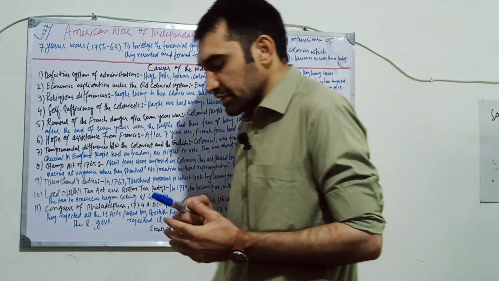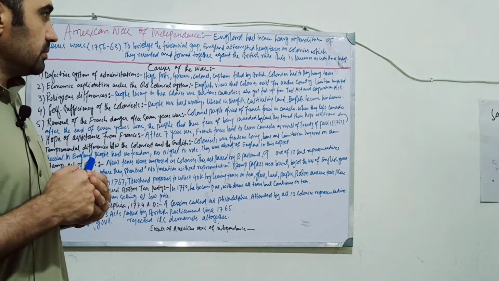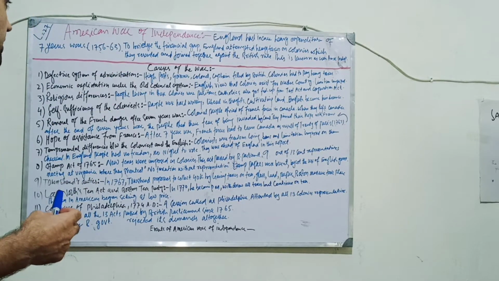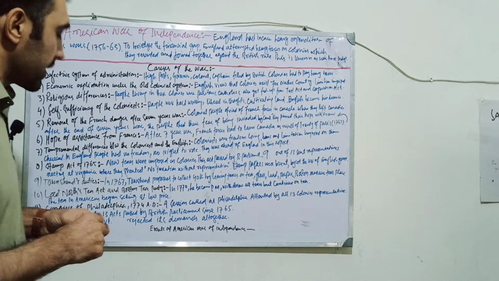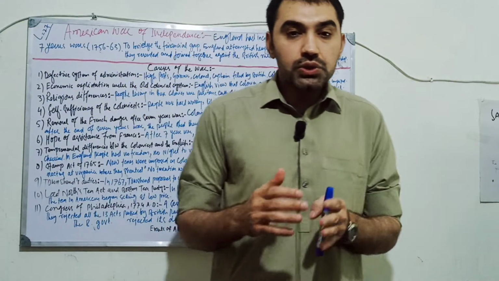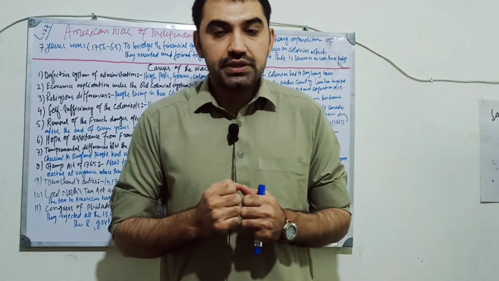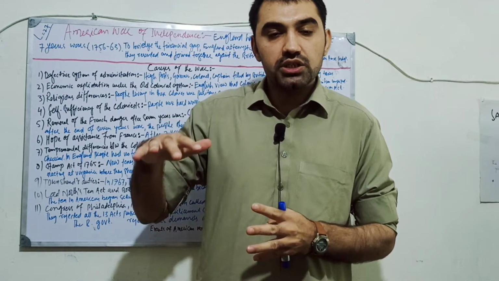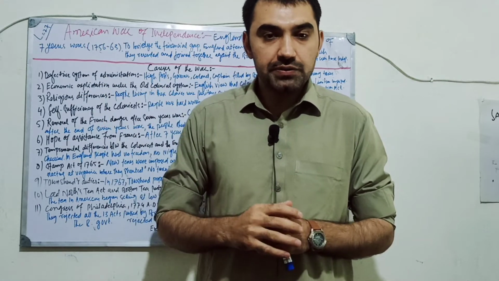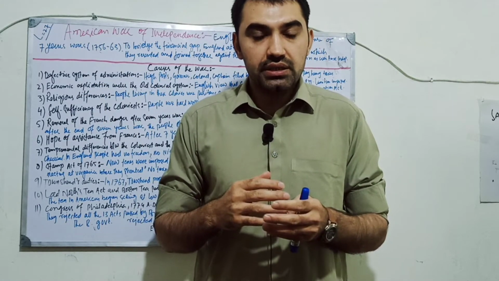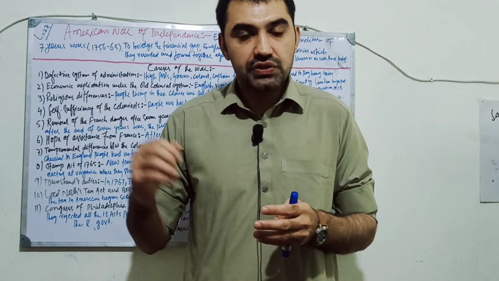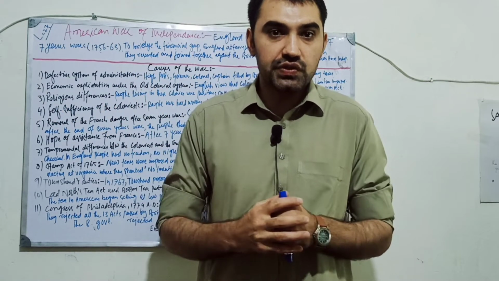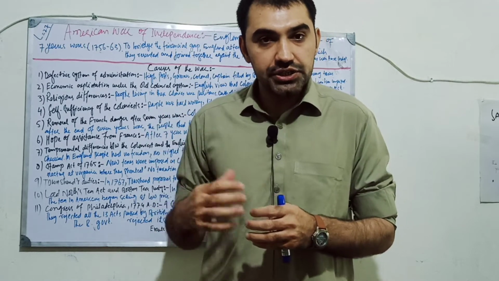So coming to the point, yes, England had incurred heavy expenditure of the 7 Years' War and needed to break the financial debt. The American War of Independence was not fought all of a sudden. It was a slow and gradual process where the colonists, those 13 colonies, had certain reservations about the English.